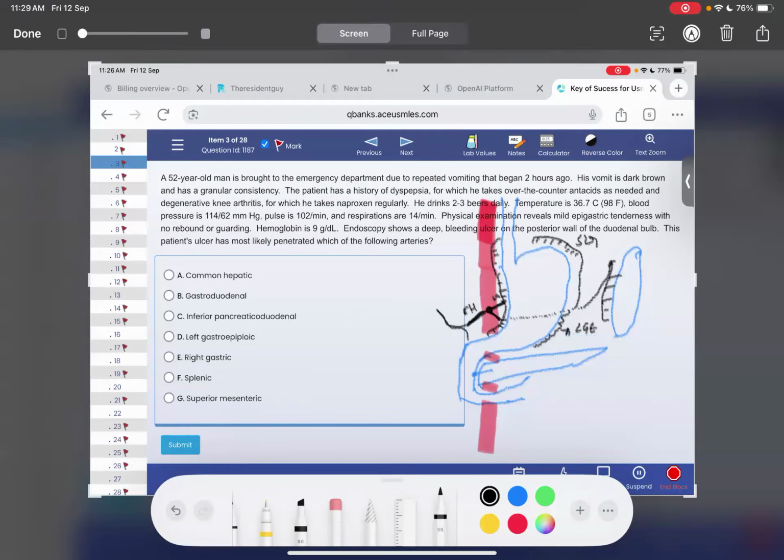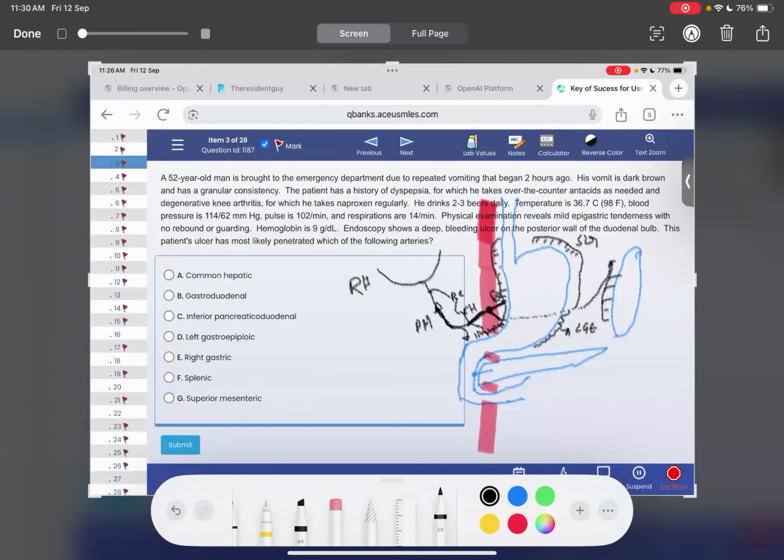Number one, proper hepatic. And this is gastroduodenal. Perfect. This proper hepatic goes up and gives a branch, the right gastric, which supplies the lesser curvature and anastomoses with the left gastric. Then the proper hepatic divides into right and left hepatic.